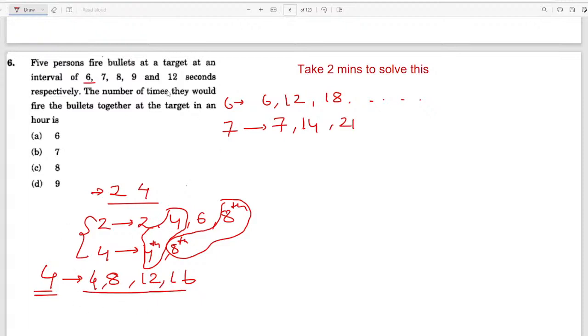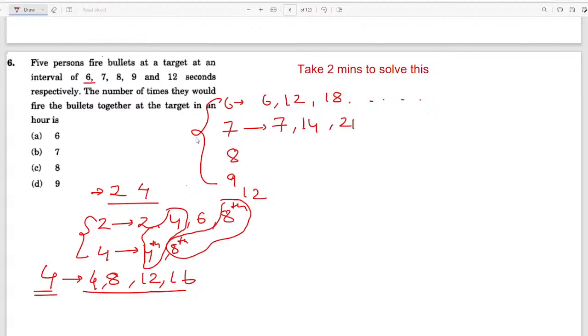Similarly, in this case there are 5 people, 6, 7, 8, 9 and 12 seconds. So we have to calculate the LCM of these 5 numbers, and at every multiple of that LCM, they'll fire together.